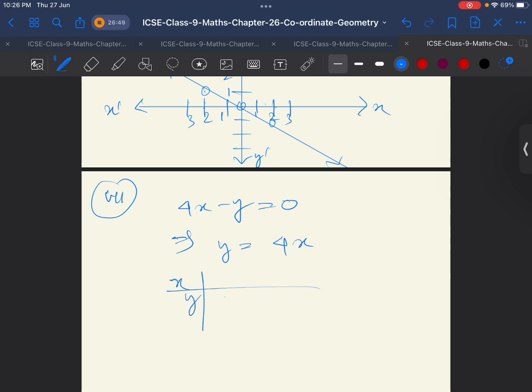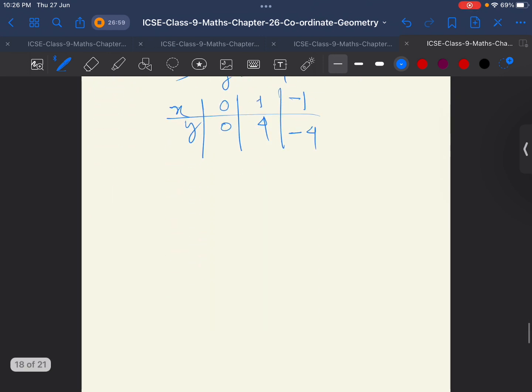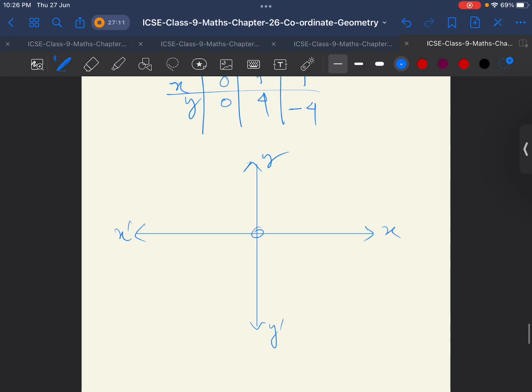The table is here: x 0, y 0; then x 1, y 4; x minus 1, y minus 4. So the graph is here, y dashed, x and x dashed. So first the point (0, 0) is here.